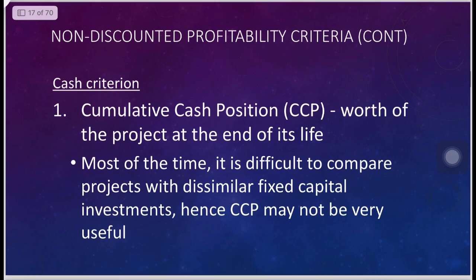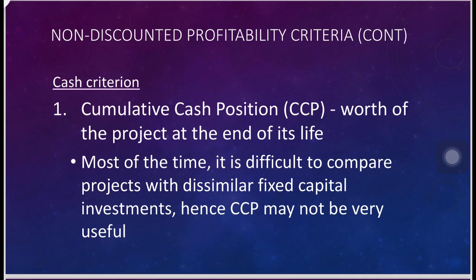For the cash criterion, we have the cumulative cash position, or the CCP. This is the worth of the project at the end of its life. Most of the time, it is difficult to compare projects with dissimilar fixed capital investment. Hence, CCP may not be very useful. All right.